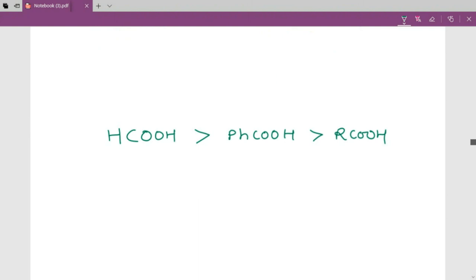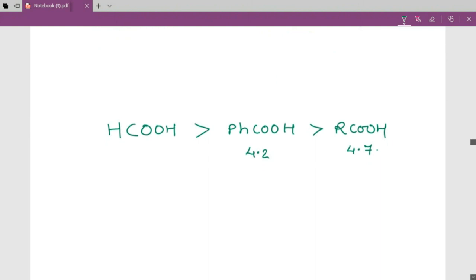Benzoic acid has a pKa of 4.2, aliphatic acids have a pKa of 4.7. Formic acid, that is methanoic acid, has a further lesser pKa value. Okay, moving on.